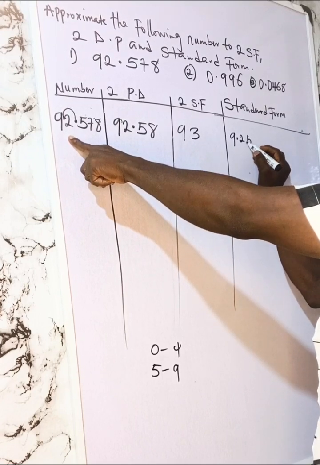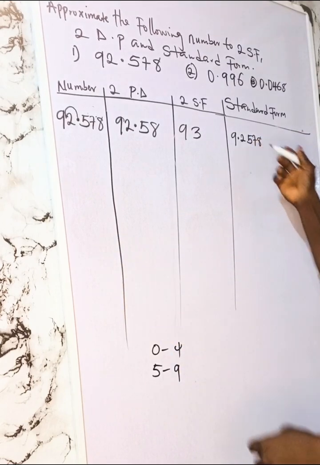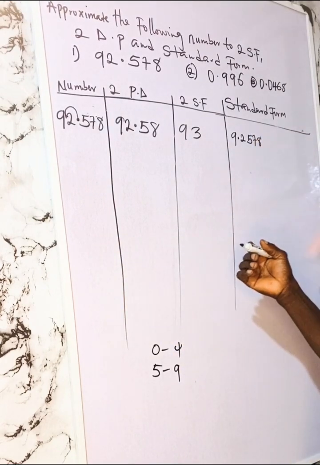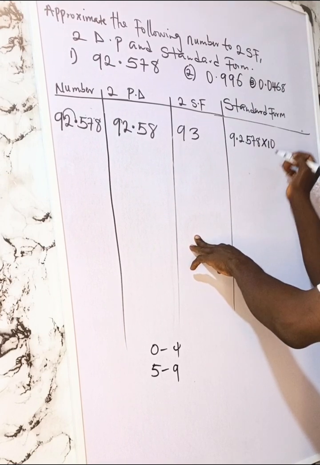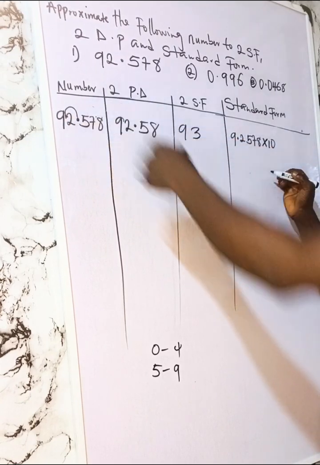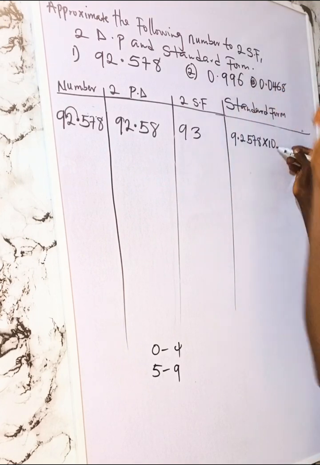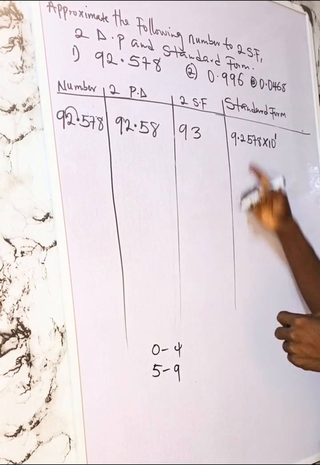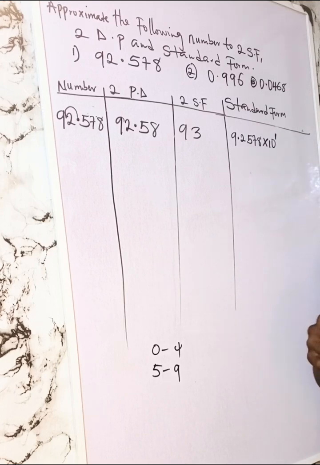Then I'll write the remaining numbers, 9.2578. Then what makes it standard is this multiplied by 10 to the exponent, the number of times that I moved before I came in front of the first significant figure. I moved just 1. So the answer is 9.2578 times 10 exponential 1.